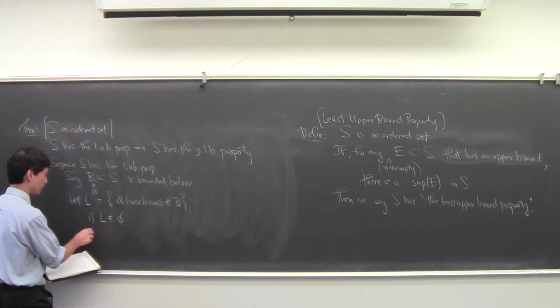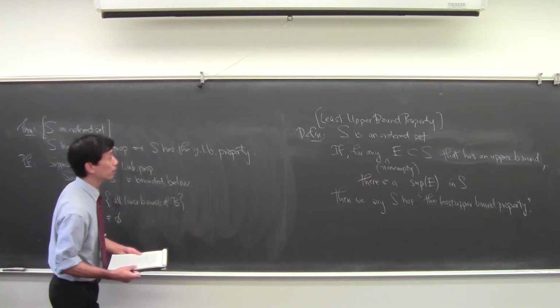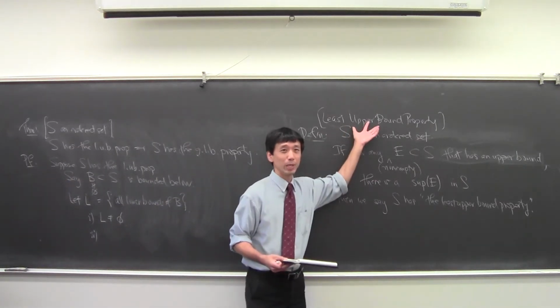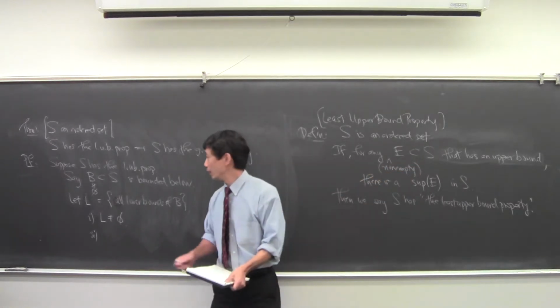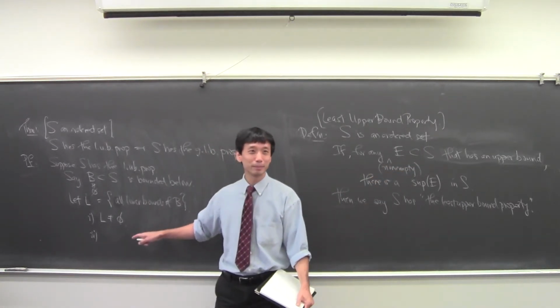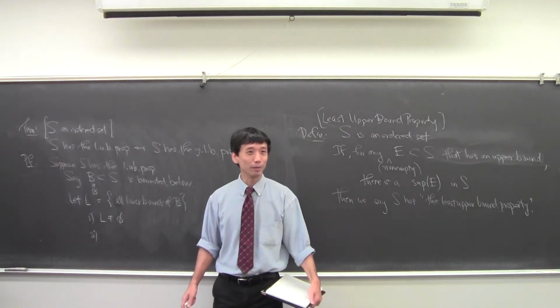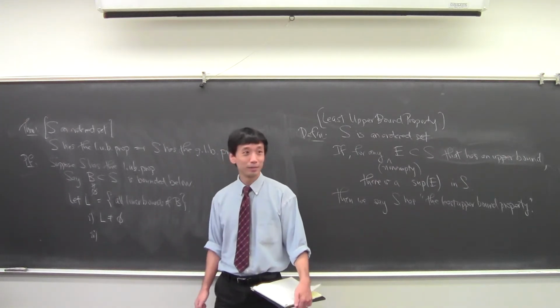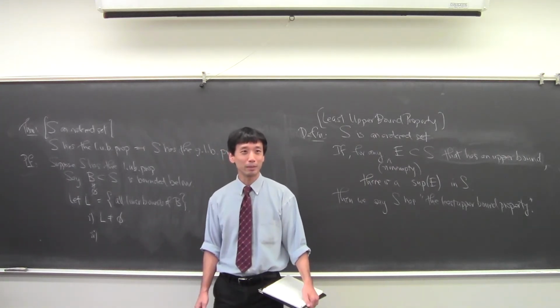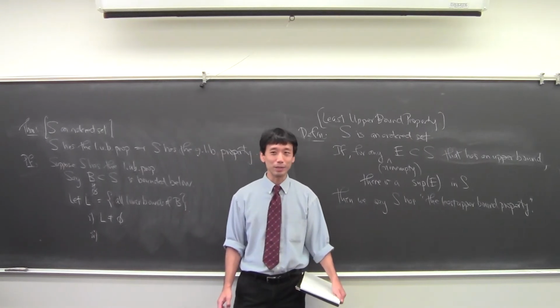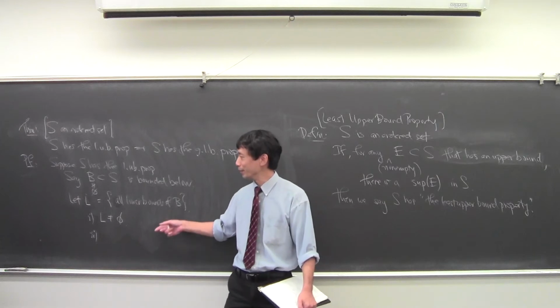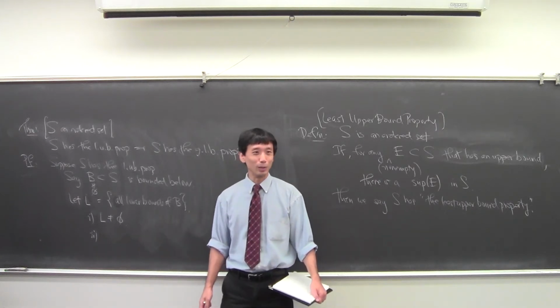And to use the least upper bound property, the set has to be non-empty and the set has to have an upper bound. Well, does L have an upper bound? Sure. What's an upper bound of L? What lets us know that there is an upper bound to this set of all lower bounds?